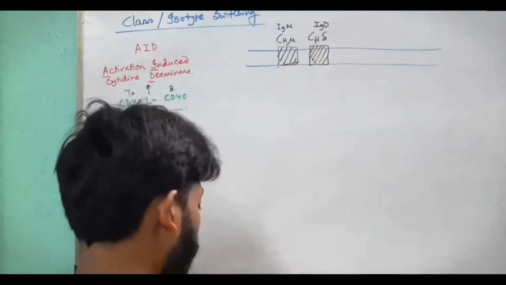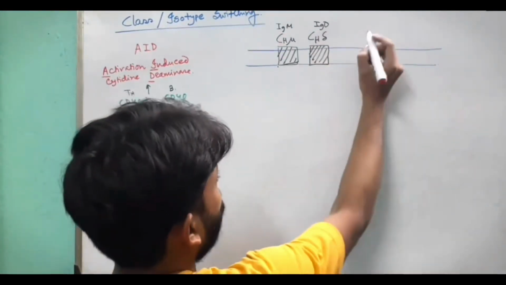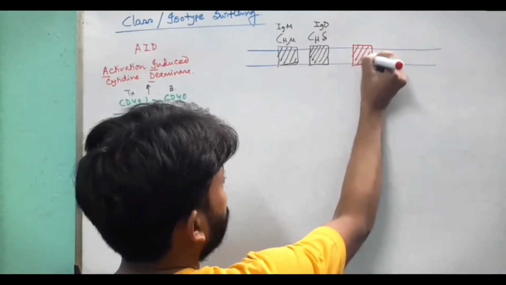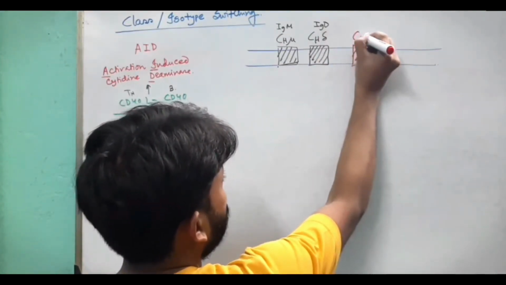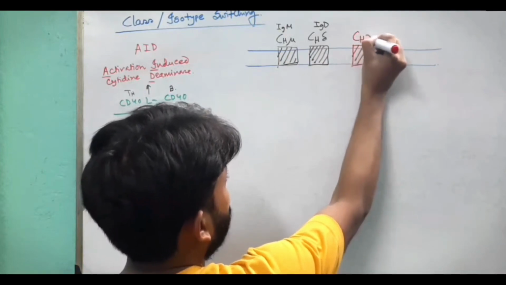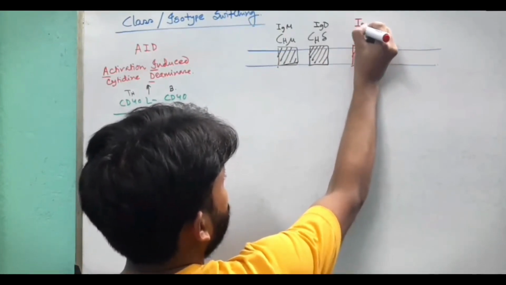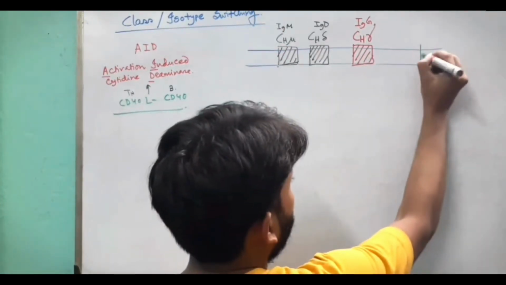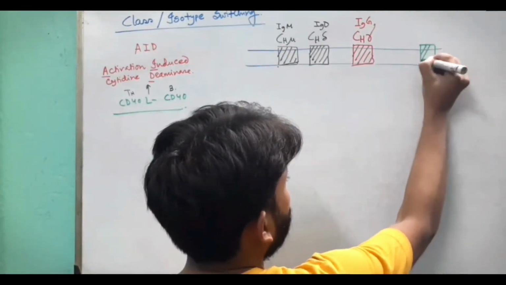And as I have made IgG in red color, I am making the gene segment also in red color. Let's assume this is the constant heavy for gamma. From this, IgG antibody will be produced, and IgE antibody will be produced from this segment.